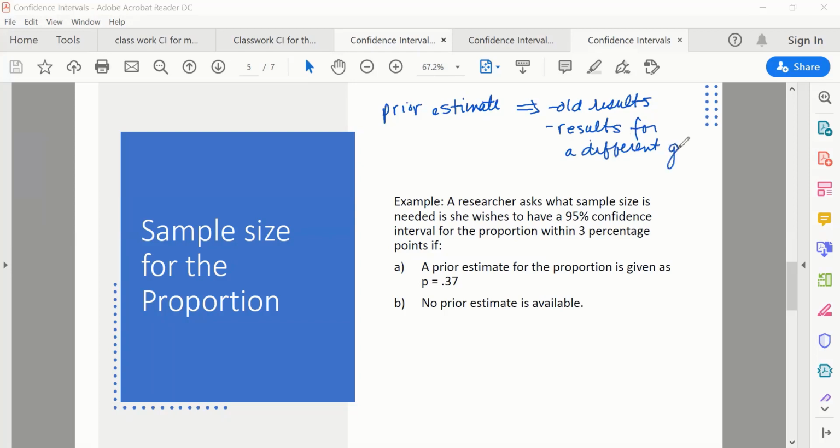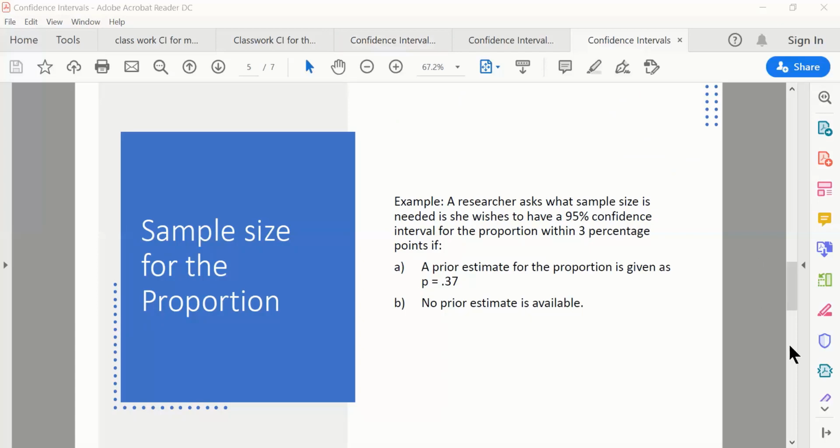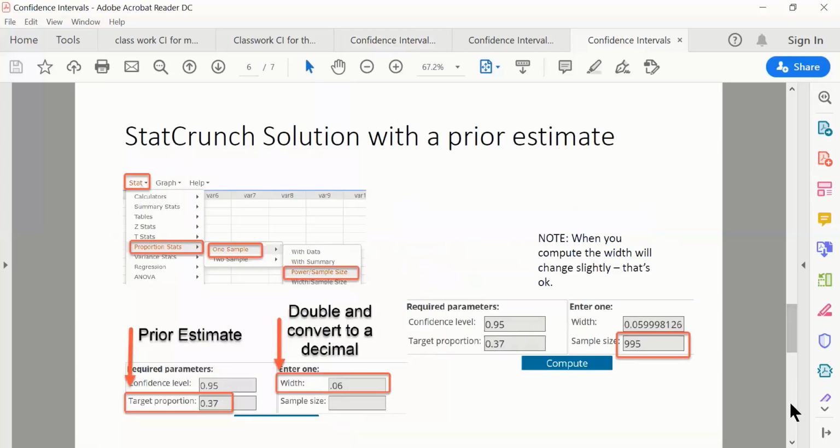Sometimes what they do is they go out and do a small survey and get a prior result that they can use for a larger survey. And it tells them how big a sample they're going to really need. So now we're going to do it twice, once with the prior estimate and once without.